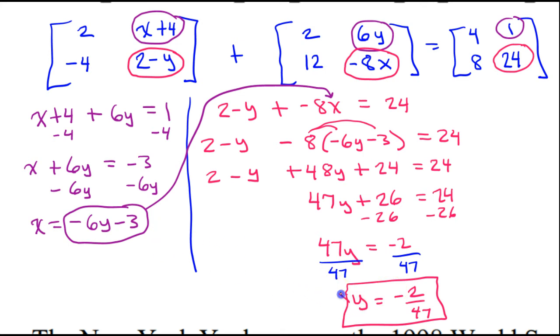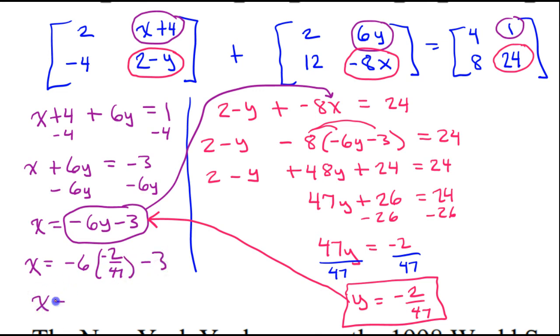So now that I know that y is equal to negative 2/47, I could take this and substitute it back in to this equation right here. So that's going to give me x equals negative 6 times negative 2 over 47 minus 3. So x is equal to 12 over 47 minus 3. Man, this is ugly. Then I need like denominators, so I'd have to multiply by 47.